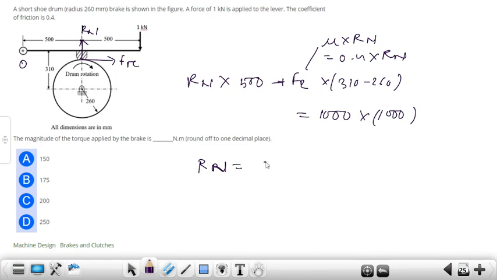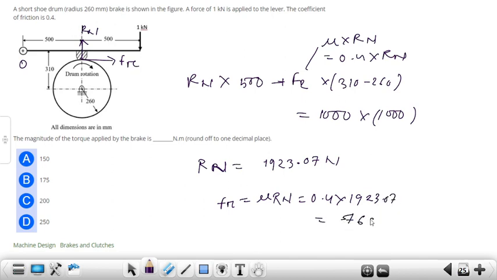Rn is equal to 1923.07 Newton. So frictional resistance is equal to mu times Rn, and mu is given 0.4 into 1923.07, which is equal to 769.23 Newton.